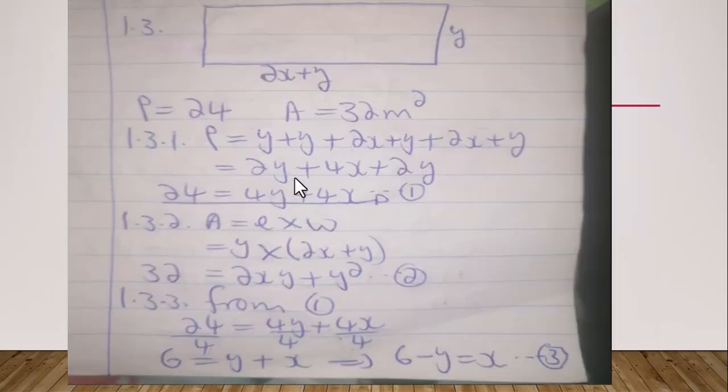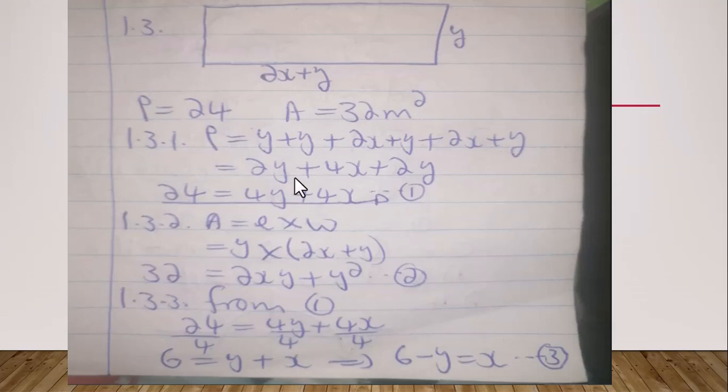And the first thing that I did there, because I have already numbered my equations as equation 1 and 2, between equation 1 and 2, which one is simpler to make either x or y the subject of the formula? It's the first one. We dealt with this when we looked at simultaneous. So I will say 24 equals 4y plus 4x, and then I will divide throughout by 4. So 24 divided by 4 is 6, which is equal to y plus x, because 4 divided by 4 is 1, 1 times y is y, and 4 divided by 4 is 1, and 1 times x is x.